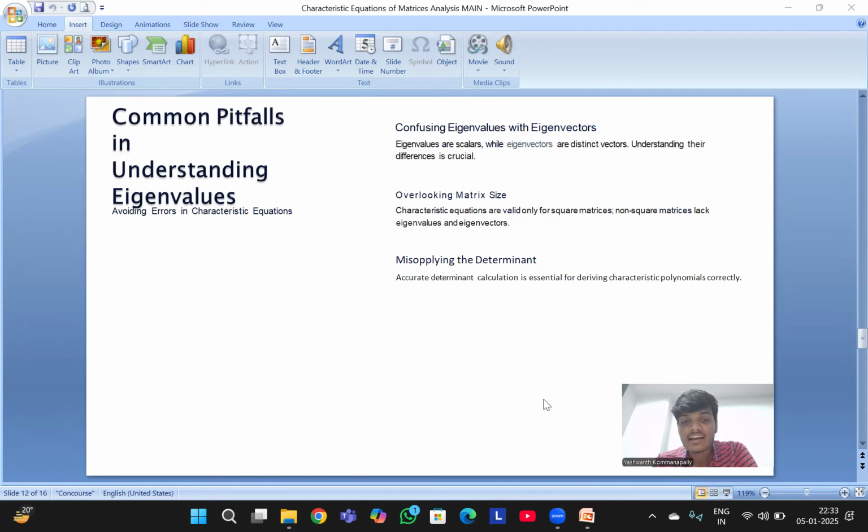Non-square matrices lack eigenvalues and eigenvectors. Only square matrices are valid for eigenvalues and eigenvectors. Misapplying the determinant. Accurate determinant calculation is essential for deriving characteristic polynomials correctly. Okay, these are mainly the pitfalls.